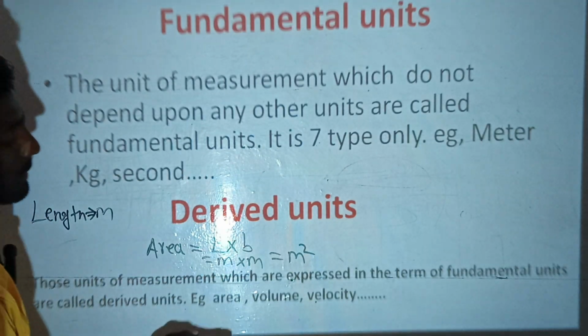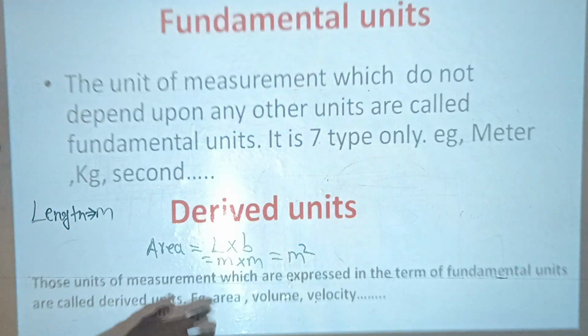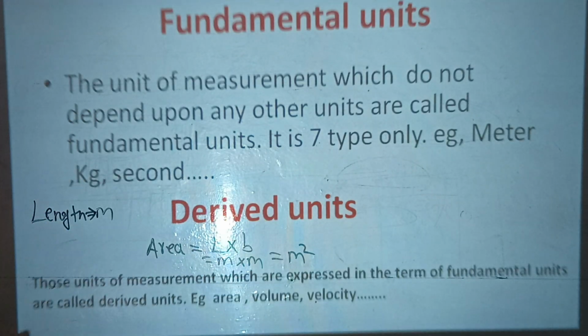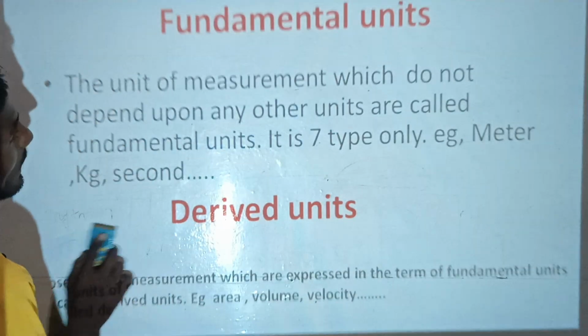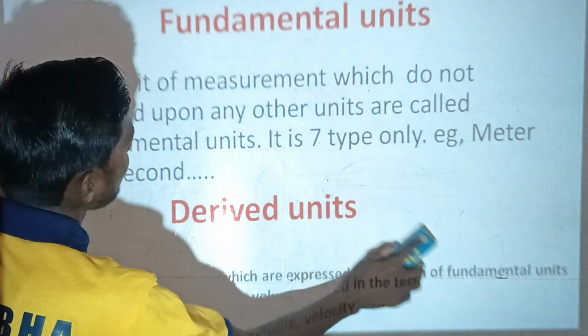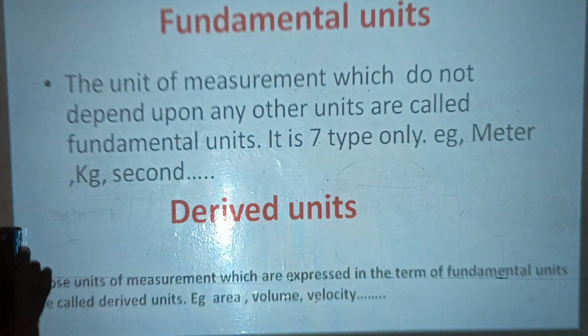If you take the example of volume or velocity, that also works this way. We will understand it one by one in the next slide. I hope you understand derived units and fundamental units. Once again, I will summarize it. A fundamental unit is a king unit that does not depend on another unit.